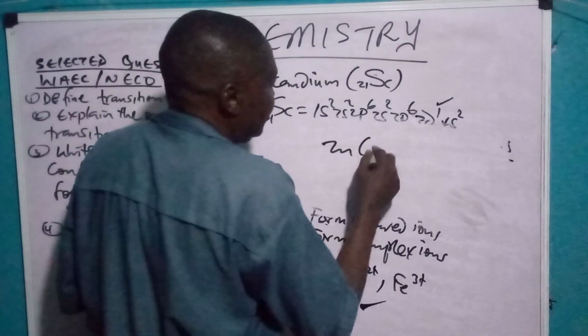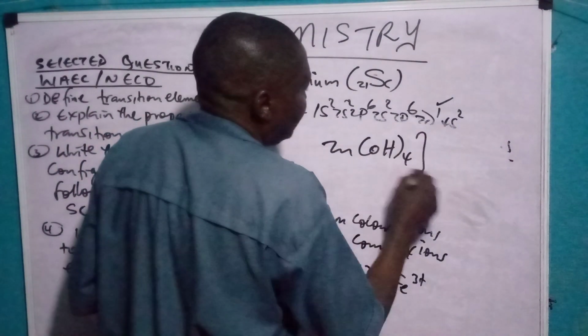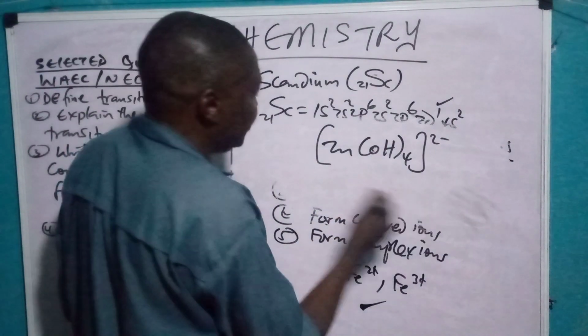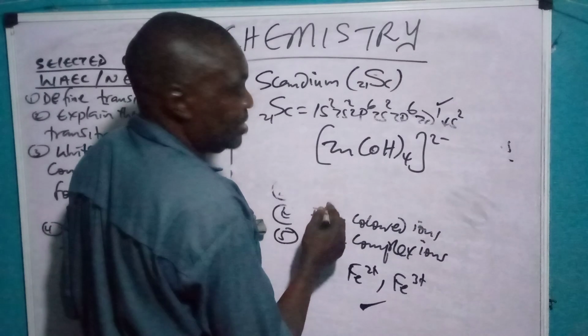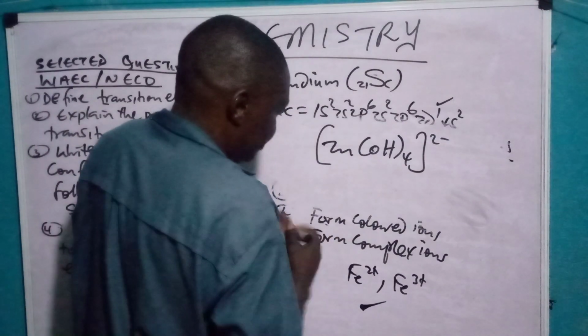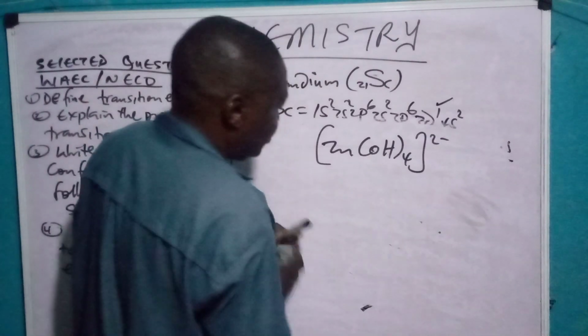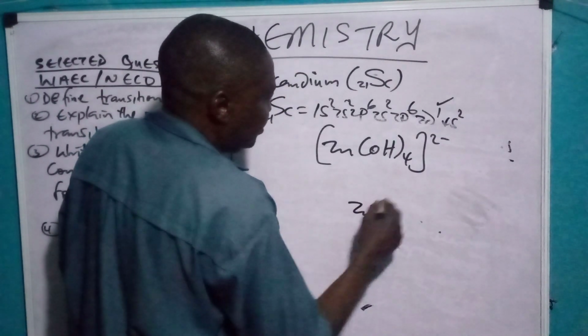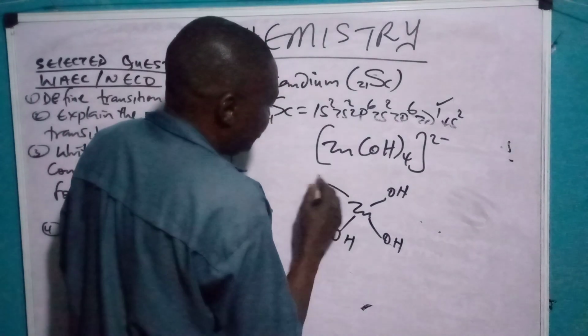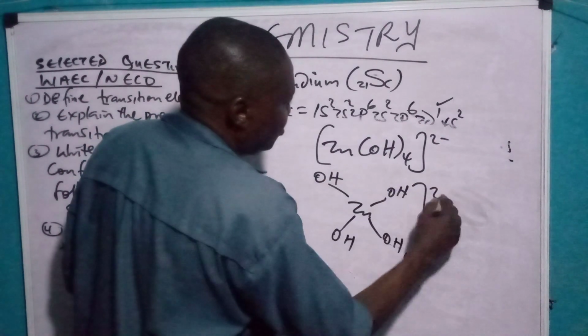This is Zn(OH)4 2-. You see, this is a complex ion. Zinc is taken here as a transition metal. You can also draw it like this: Zn, OH, OH, OH, OH, then 2-.